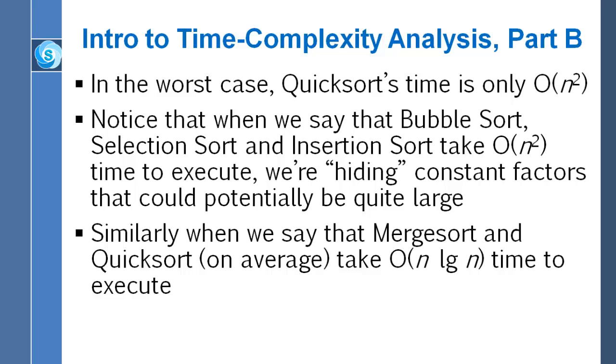Well, those constants are reasonable numbers, and it really is a big deal that merge sort and quicksort are executing in a time that's approximately a constant times n log n, versus the others that are executing in a time that's approximately a constant times n squared.